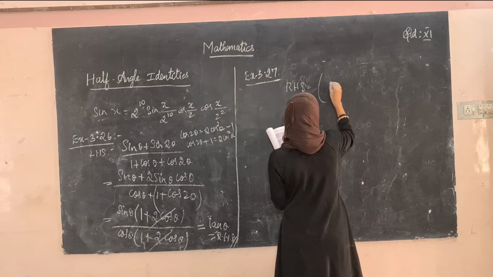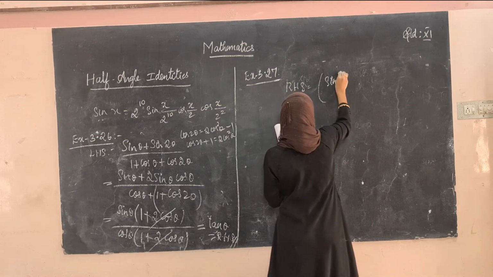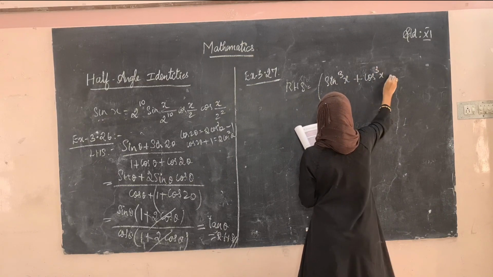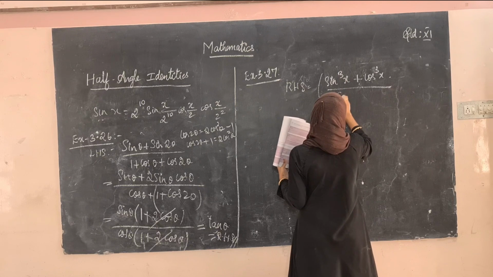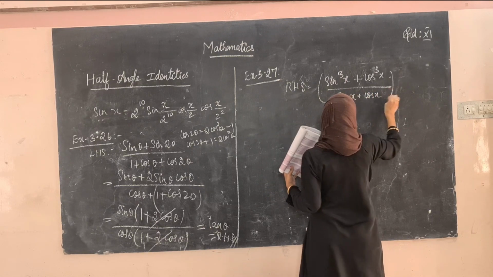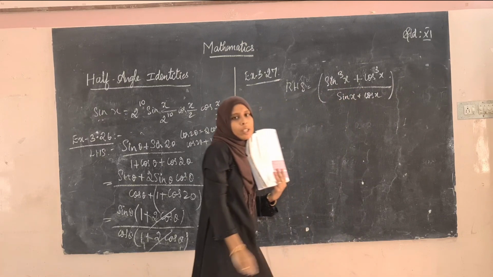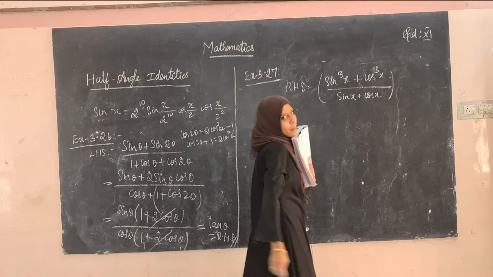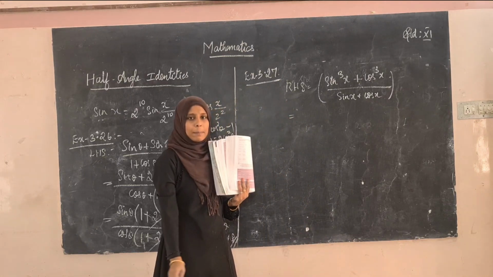RHS is (sin cube x plus cos cube x) divided by (sin x plus cos x). See here, this is in the format of a cube plus b cube. Shall we expand that in the format? So a cube plus b cube is equal to (a plus b) into (a square minus ab plus b square).